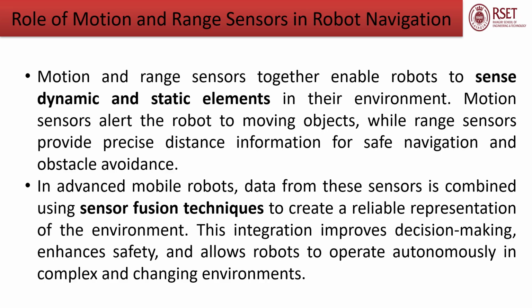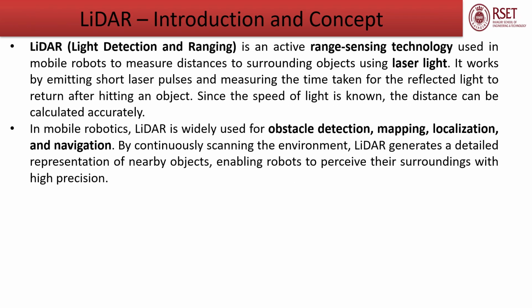In advanced mobile robots, data from these sensors is combined using sensor fusion techniques to create a reliable representation of the environment. This integration improves decision making, enhances safety, and allows robots to operate autonomously in complex and changing environments. Now we'll see the LiDAR.